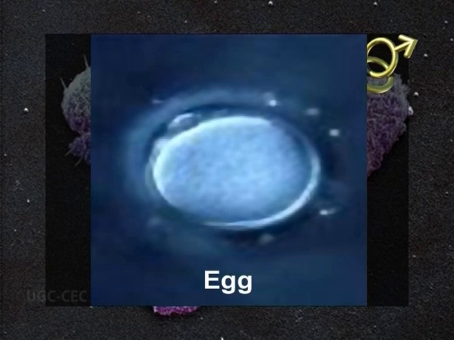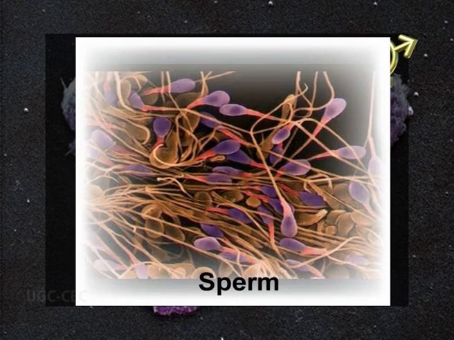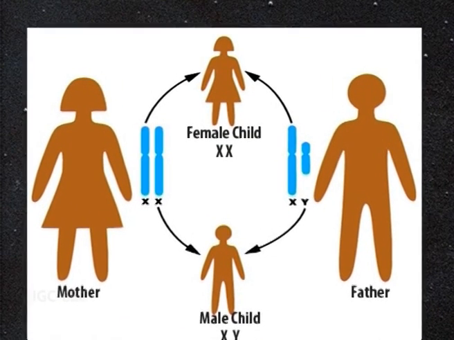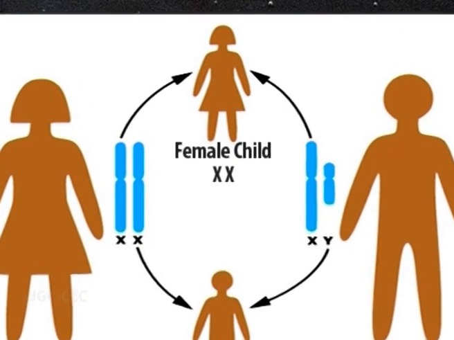Thus, during fertilization, the eggs always contribute an X chromosome and the sperm can contribute either an X or a Y chromosome. If the sperm has an X chromosome, the resulting offspring will have two X chromosomes and will be a female, XX.